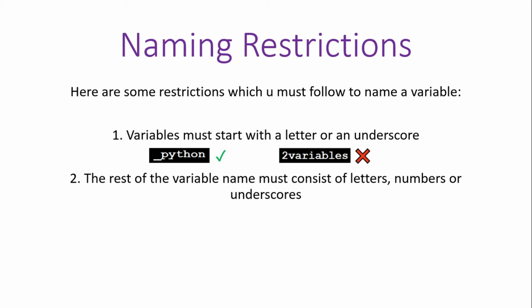The rest of the variable must consist of letters, numbers, and underscore. Like suppose you have python, py2thon or anything, it will be working. It's well and fine. But if you are going to add special characters, then definitely it's not going to work. Special characters are like addition, multiplication, and such signs. These signs are actually used by Python as operators.